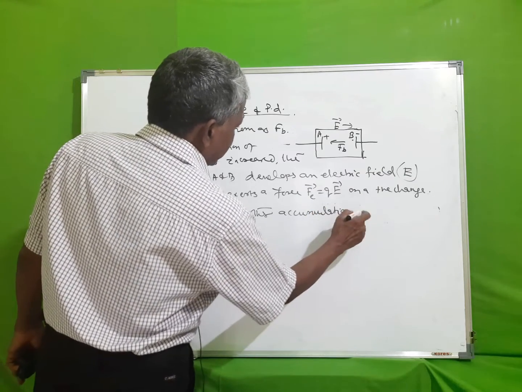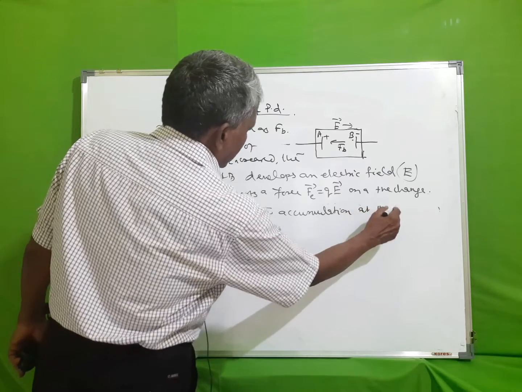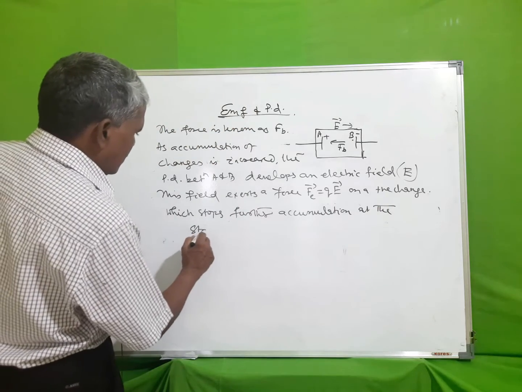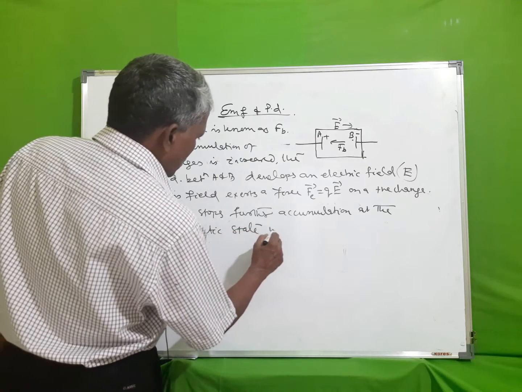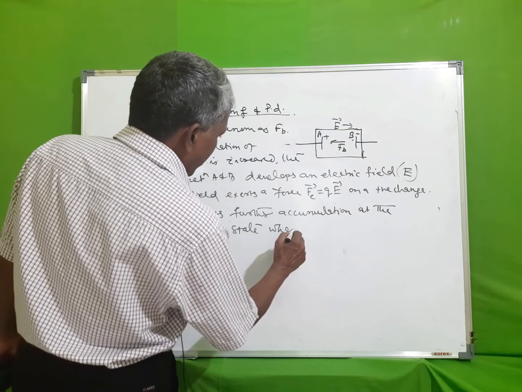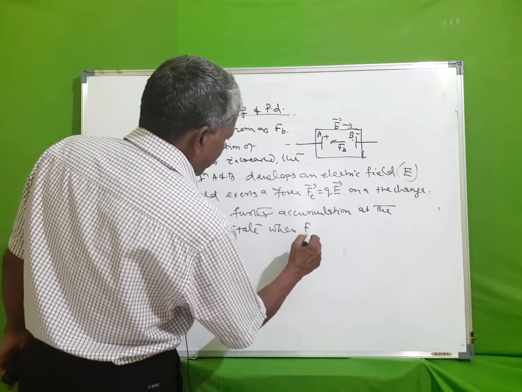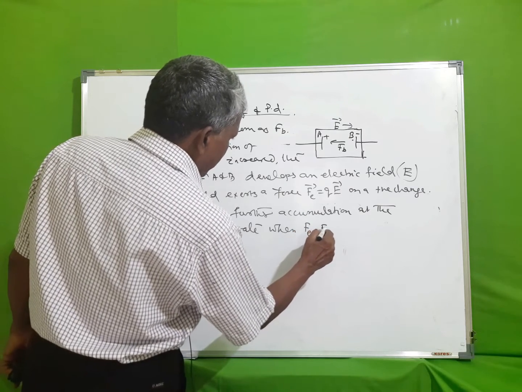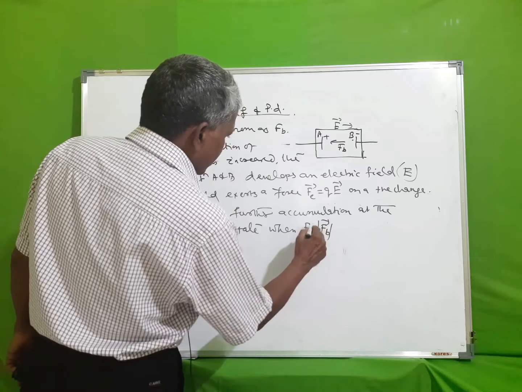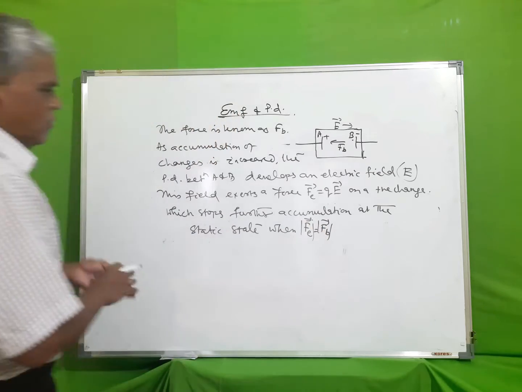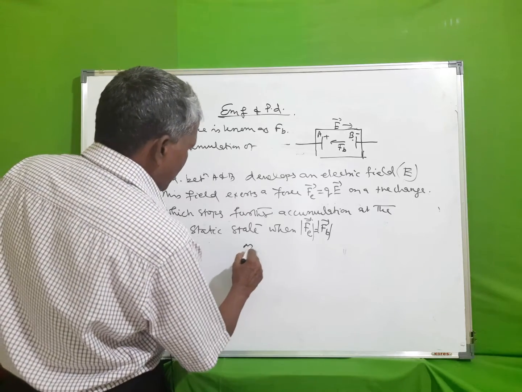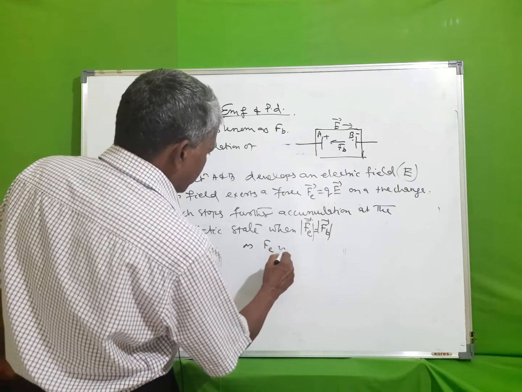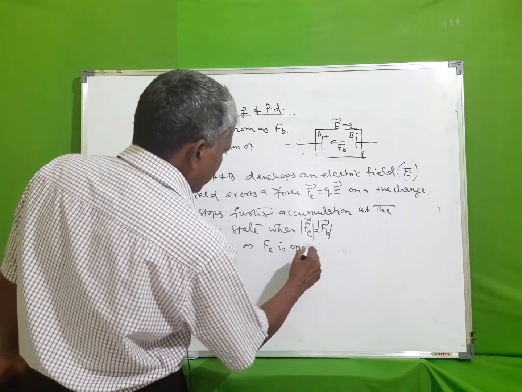At the static state, when FE is equal to FB in magnitude, FE is opposite to FB.